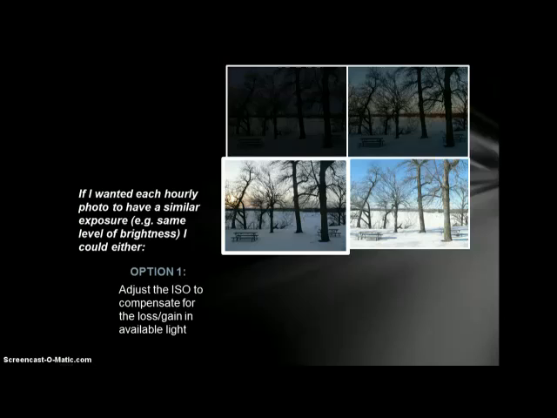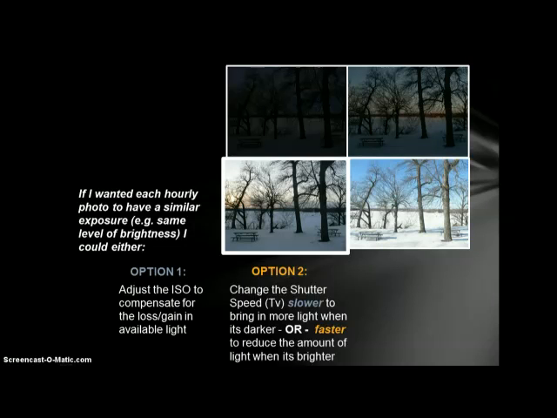ISO is a great way for us to quickly bridge a long distance between available light and a proper exposure. For minor differences, say for example, either of the images on the right side, the top right or the bottom right, if we were going to take either of those images and try to go to the bottom left image, we could look at either shutter speed or aperture as a way to do that.